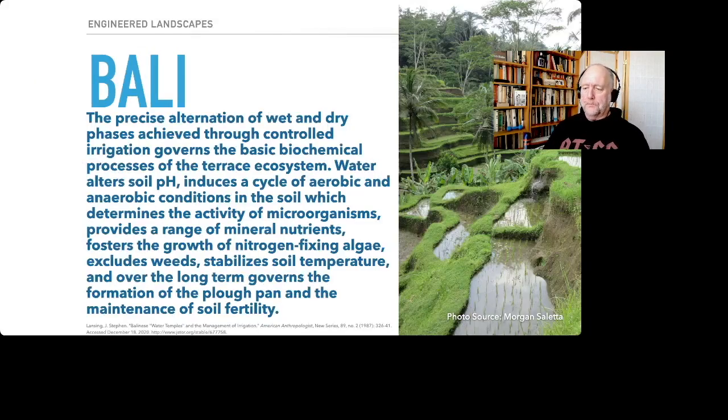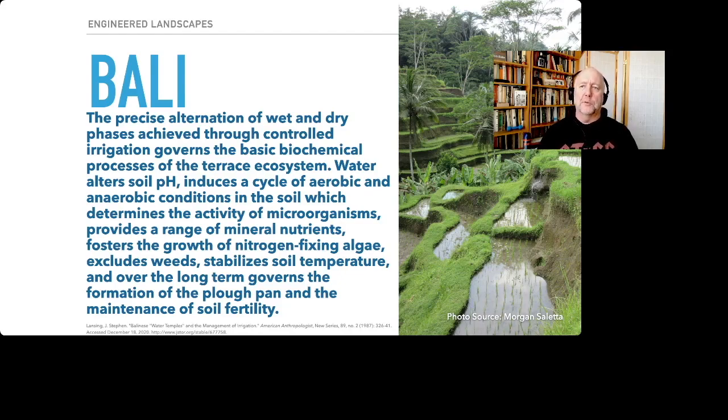So Stephen Lansing, an anthropologist, in the 1980s published a series of articles beginning with "Balinese water temples and the management of irrigation" in the American Anthropologist, in which he wrote, "The precise alternation of wet and dry phases achieved through controlled irrigation governs the basic biochemical processes of the terrace ecosystem.